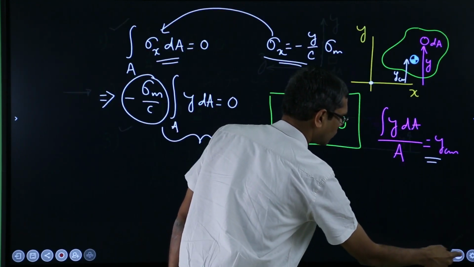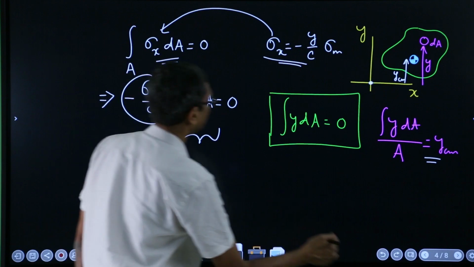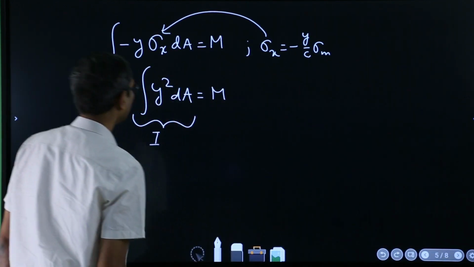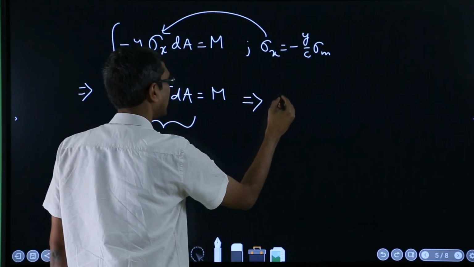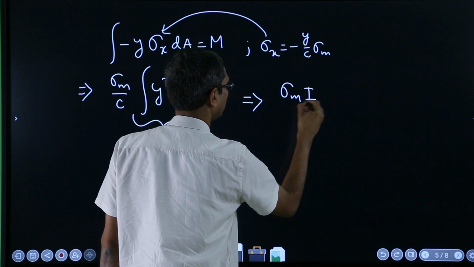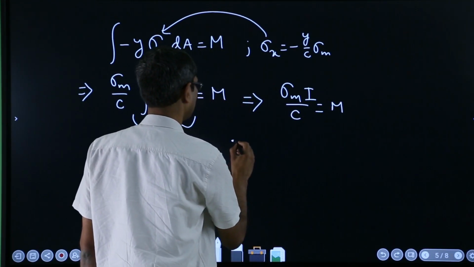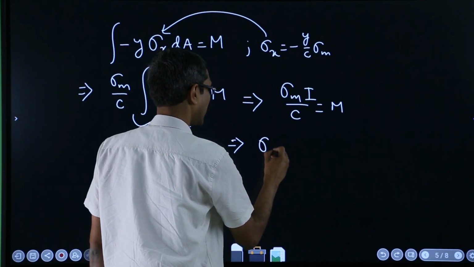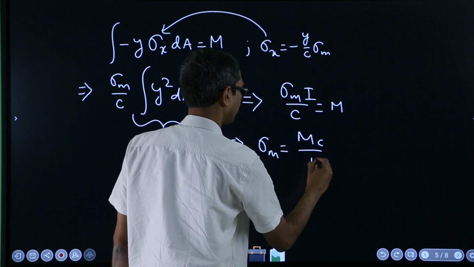So that's what this is. Next one. Yeah, so then we can simply write here that sigma m I over c is m, but generally it's written like this, sigma m is nothing but mc over I.